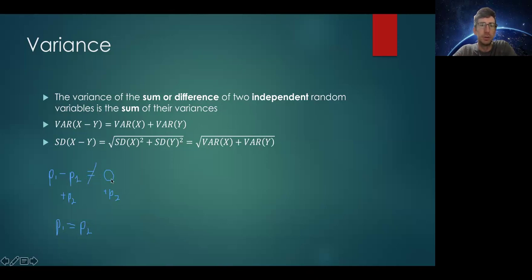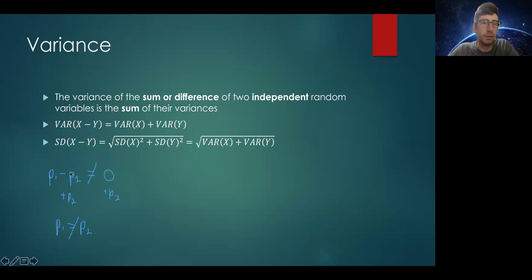And if their difference is not equal to 0, by the same algebraic process with the same inequality, we're basically saying p1 and p2 are not equal to each other, right? So this is a way to compare these proportions to each other. I'm sorry, I've lost my mouse again. So this is why we're looking at the variance of the difference of these two different variables, x and y here.